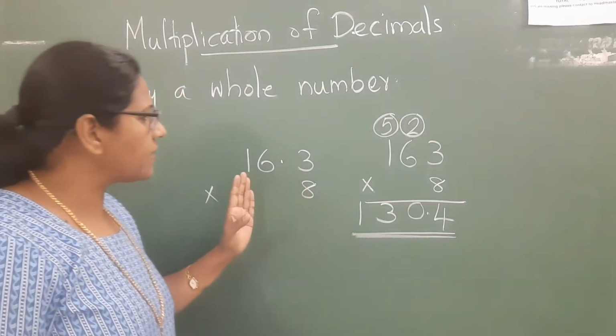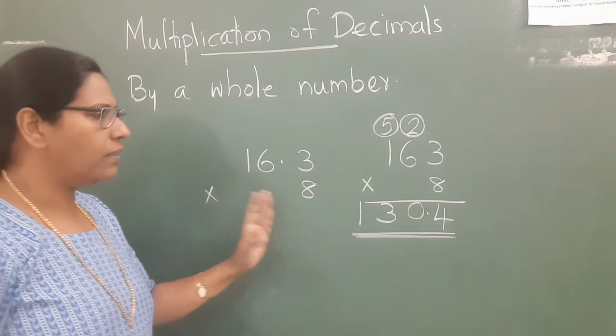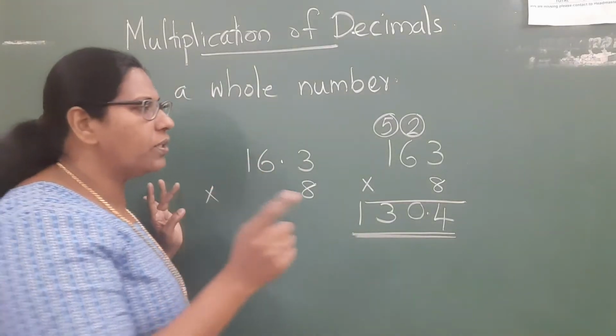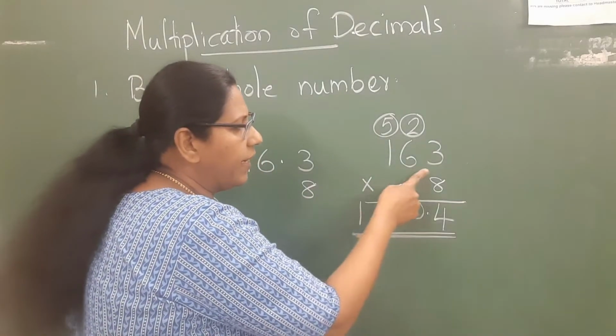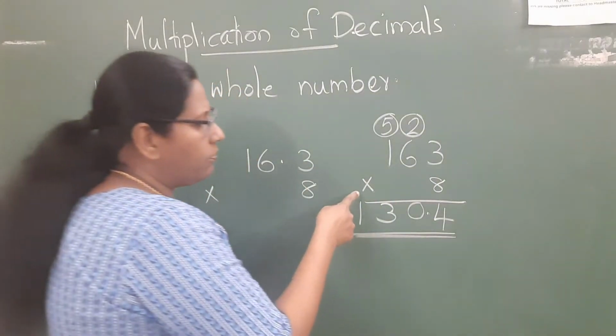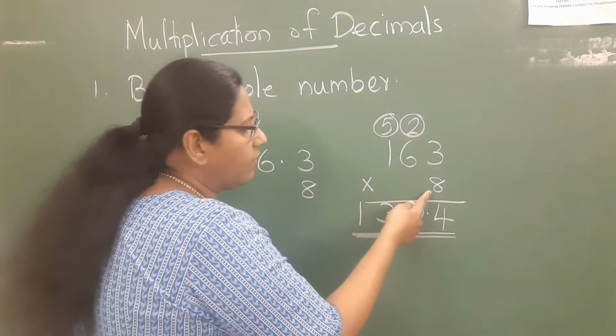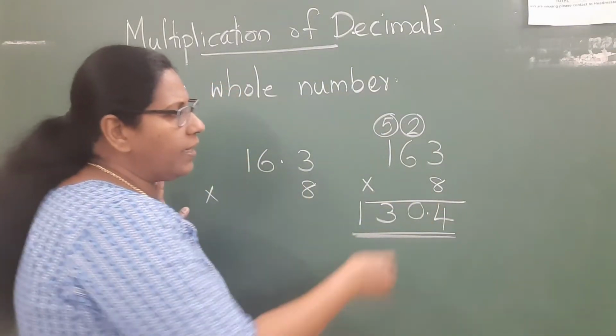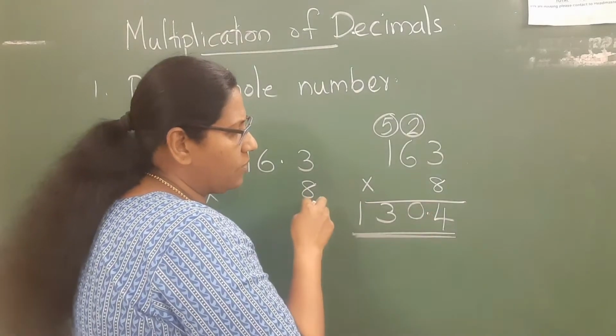To multiply this 16.3 by 8, first we ignore the decimal and we write the number. Then we put the multiplication symbol and then we write the whole number. After that underline and then we do the multiplication.